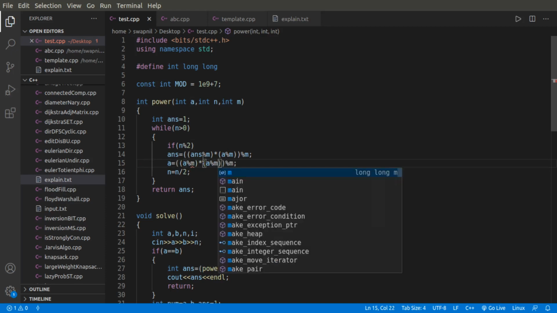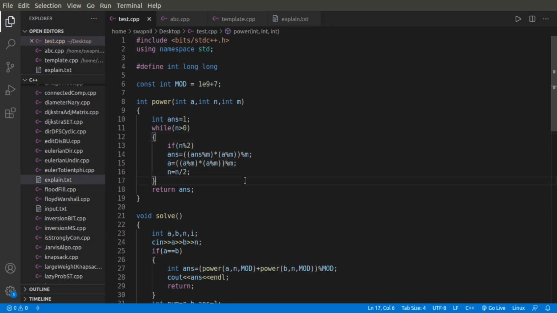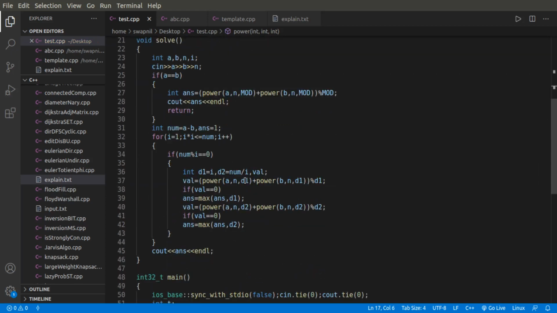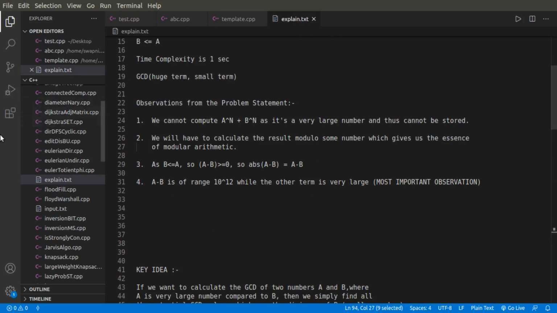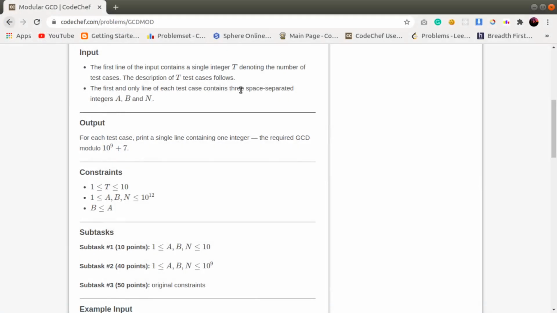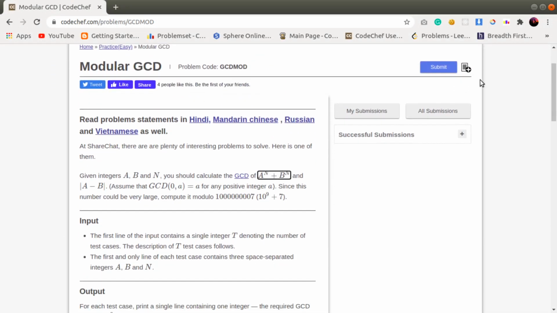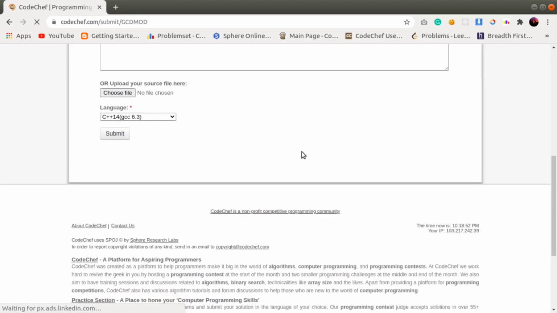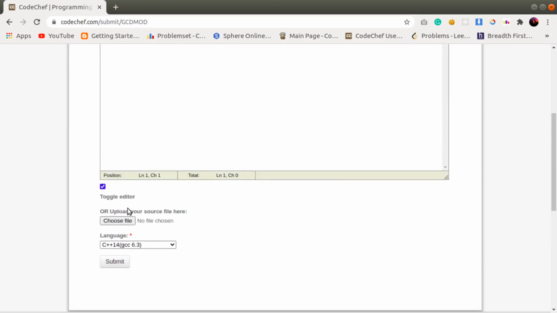Okay, so this is pretty much it from my side, and I guess you must have understood the problem and the explanation. I will move to CodeChef to just check if the solution is getting accepted or not. So let's verify our code.